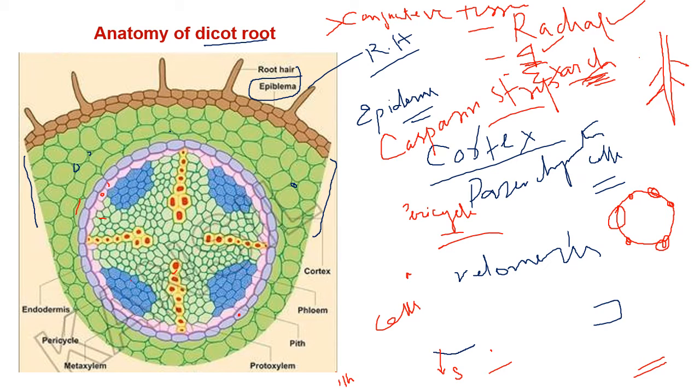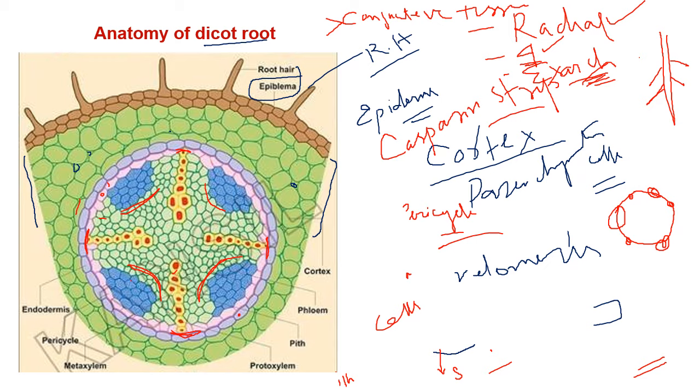The cells above the xylem strands and below the phloem, above xylem, below phloem, all these cells become meristematic.